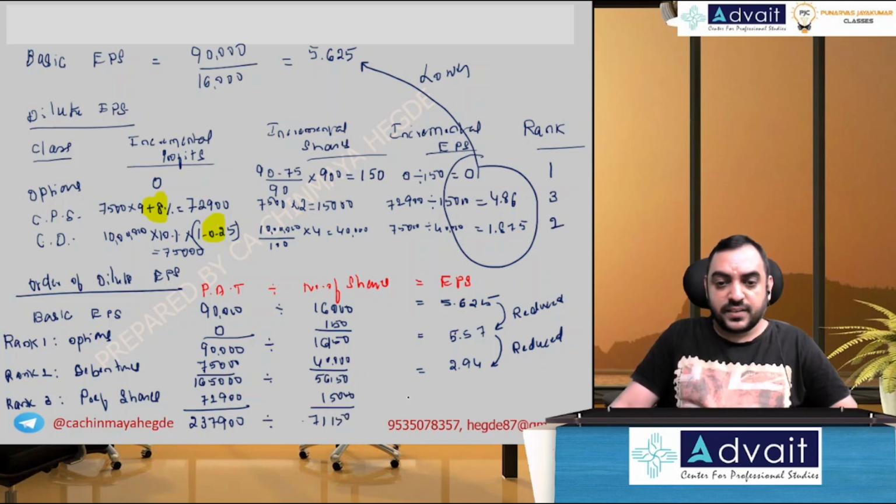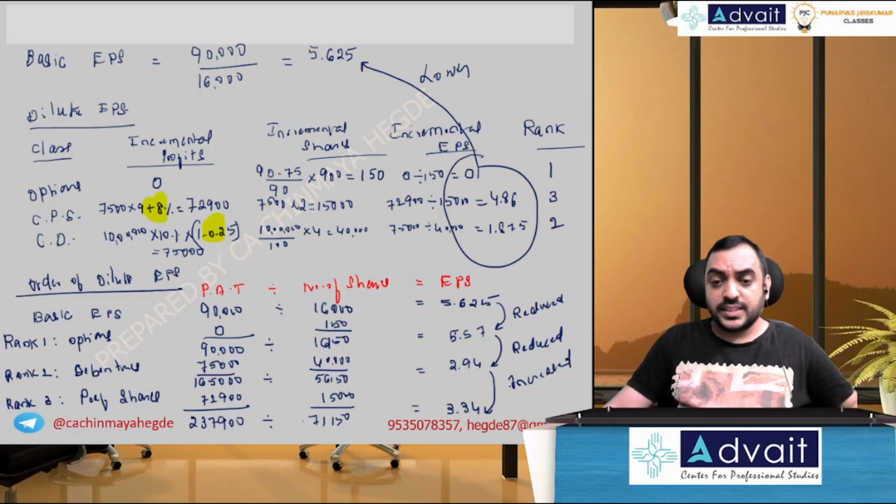So 2,37,900 divided by 71,150 is 3.34. And you see, this started increasing. So this is called anti-dilutive. This will be anti-dilutive.